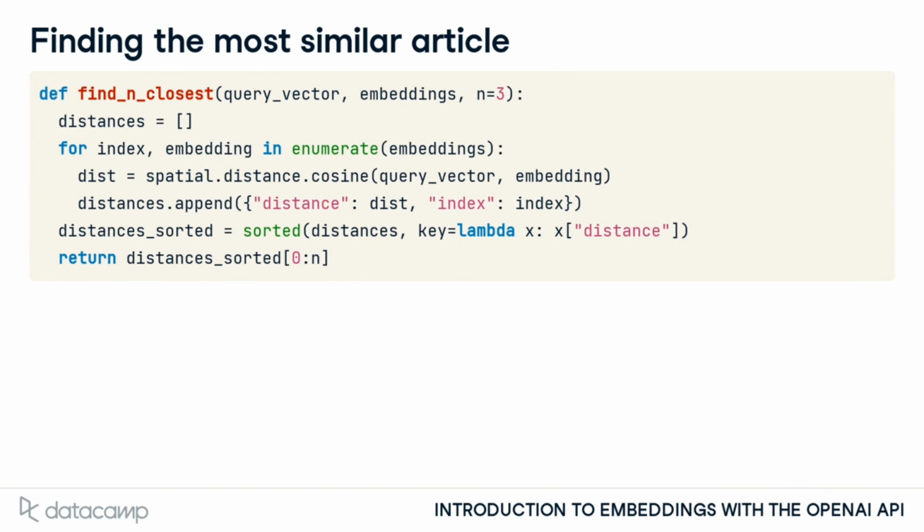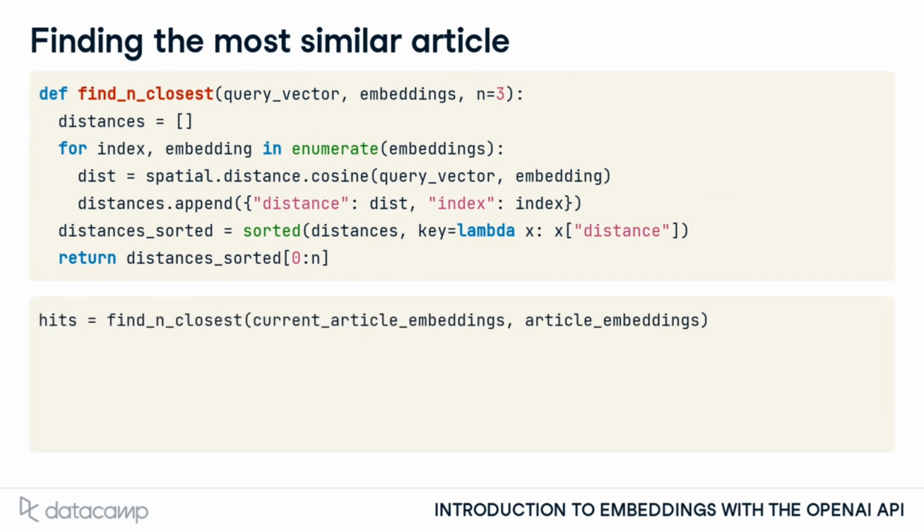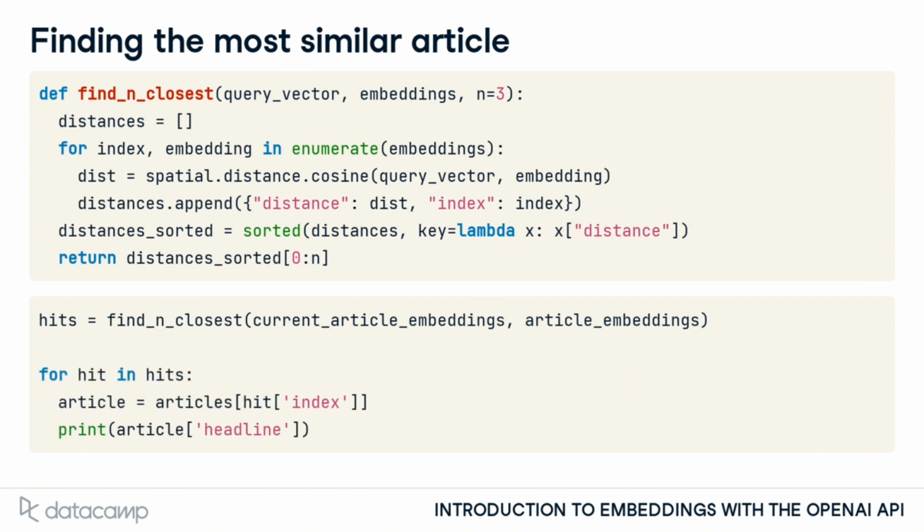Finally, to compute the cosine distances and extract the nearest distances, we'll use our findNclosest function, which computes the cosine distances, sorts them, and returns the n smallest and their index. We'll call this function on both sets of embedded articles and then loop through the results, returning the headline of each article in the 3 most similar articles.